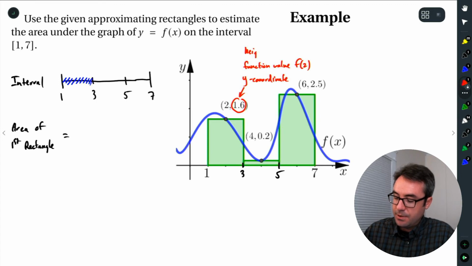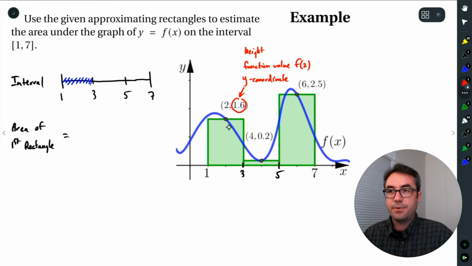It's just telling you how far up vertically you are. So in this case, we're 1.6 units above the horizontal axis, above the x-axis. So there are some different interpretations here. It's the y-coordinate for this point, but since it's on the curve for our function, we can also think of it as our function value, f of 2. And another way to think of function values is as the height above the x-axis.